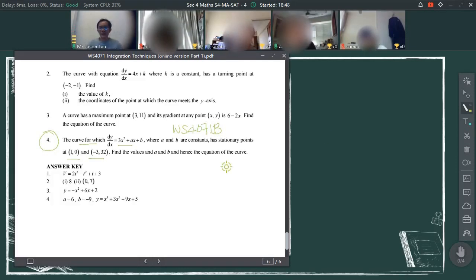If you want to find the equation of the curve, you definitely have to reverse the process, reverse the differentiation process. So this gives us an idea, this must be an integration chapter. Integration is the reverse of the differentiation process. That's the main thing in this chapter.